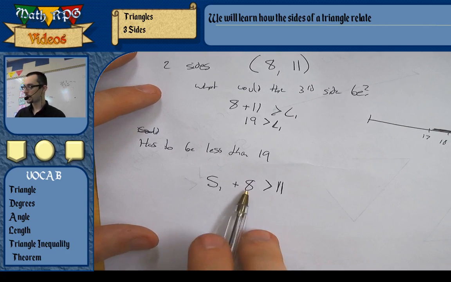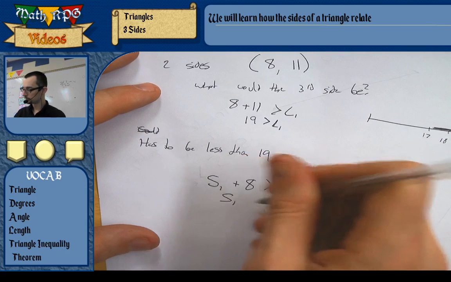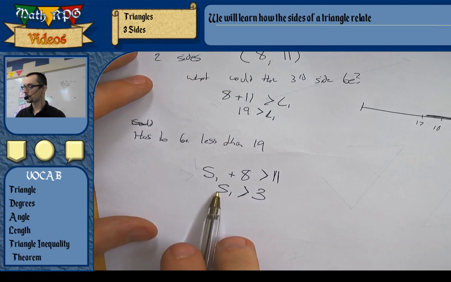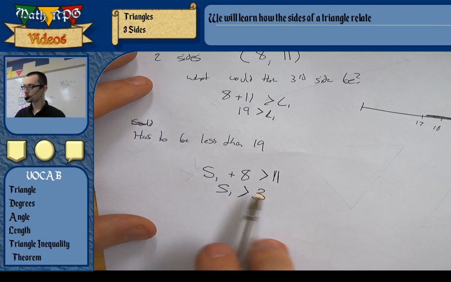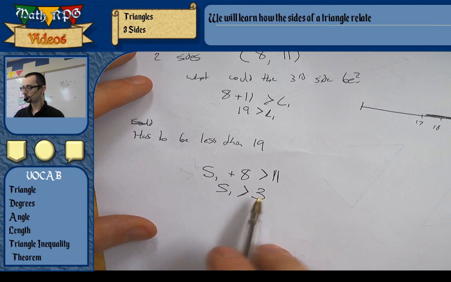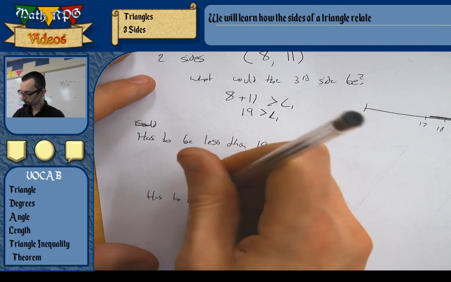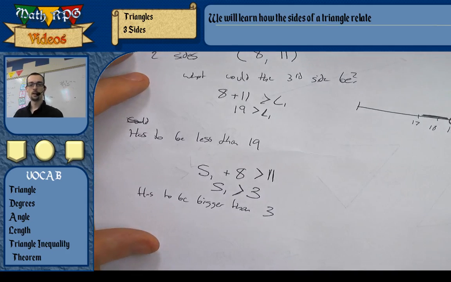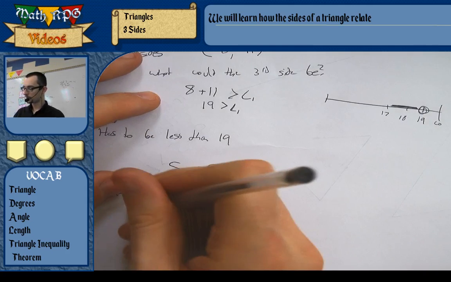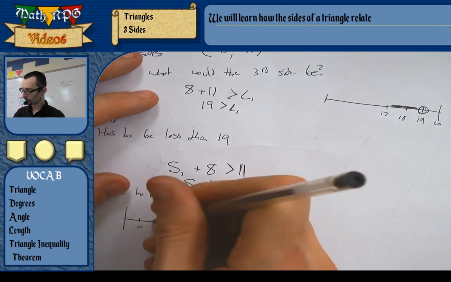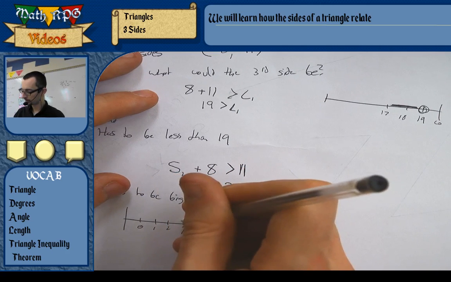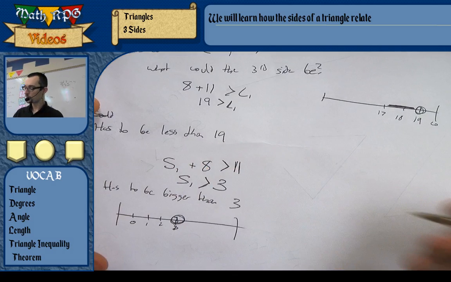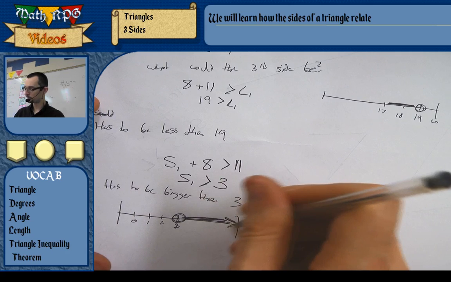If I subtract 8 from both sides, I get my short side has to be bigger than 3. If I graph that on a number line, at 0, 1, 2, 3, we have an open circle pointing to the right, bigger than 3.